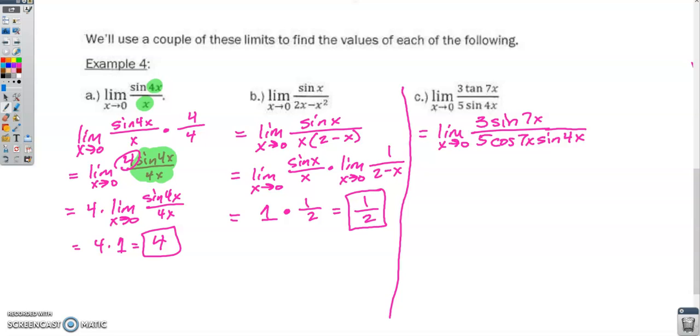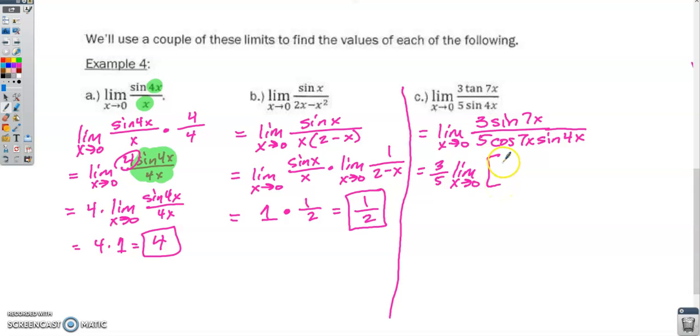Okay. And now I'm going to collect my terms here and decide exactly how I want to do this. The first thing I'm going to do is take the 3 and the 5 and bring them out in front of the limit as constant multiples. And then I'm going to turn this limit into a product of a few things.